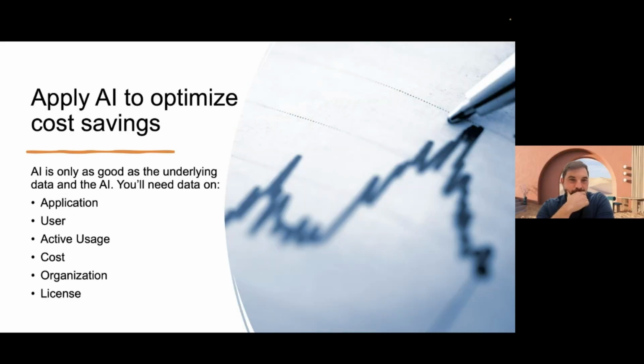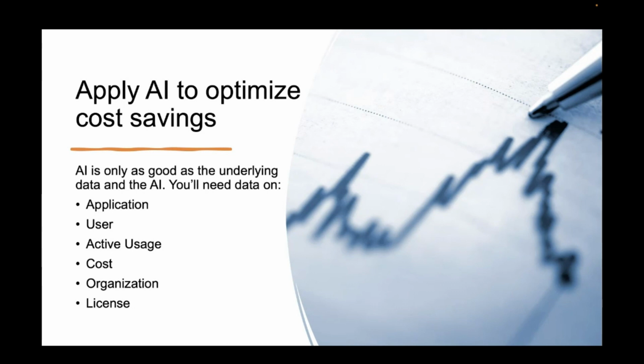When applying AI to optimizing cost savings, the AI will only be as good as the data you have beneath it. So you're going to need all the data: what is the actual application that is installed, who is the user, how much are they actually using this application. These you're usually able to get from some of the tools.